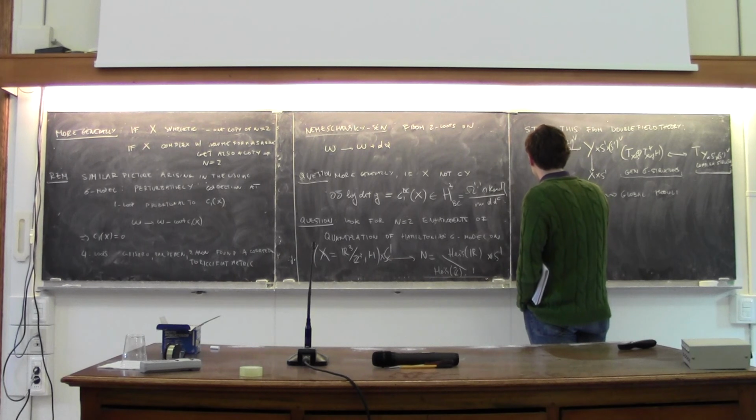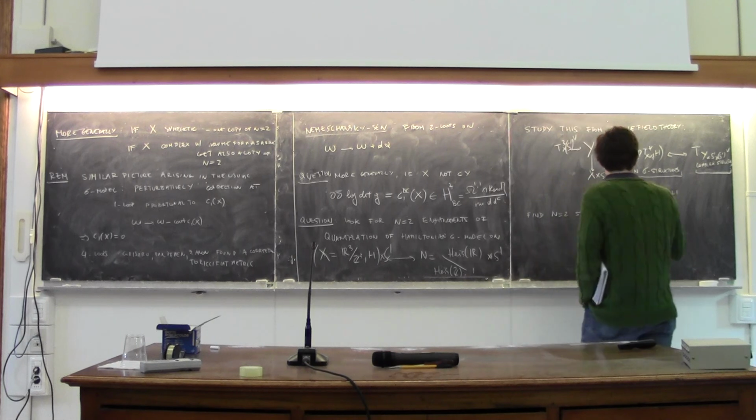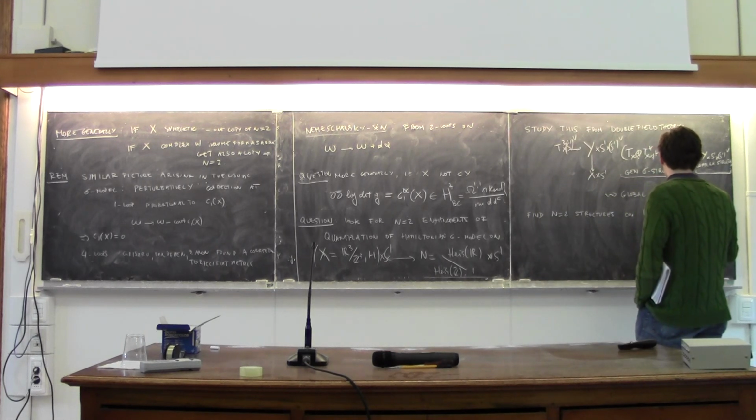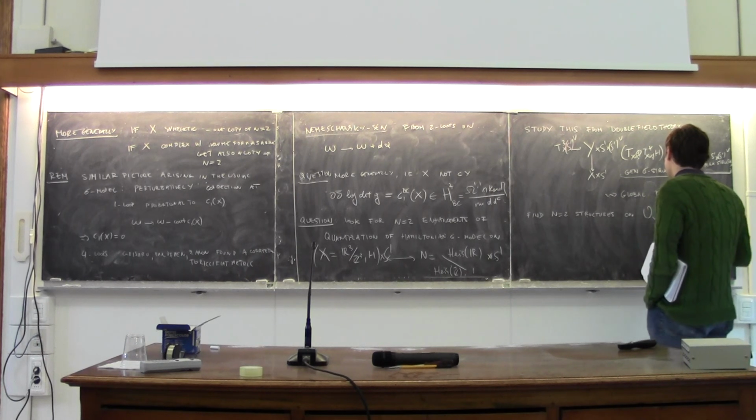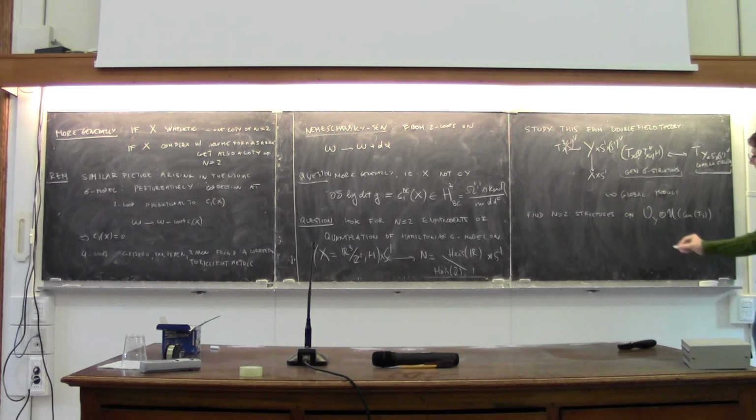But of course, the big question is to find N=2 structures on this mysterious object that I discussed in the previous slide. Even though we don't have a very good axiomatic definition for this object, still it's written out very completely.